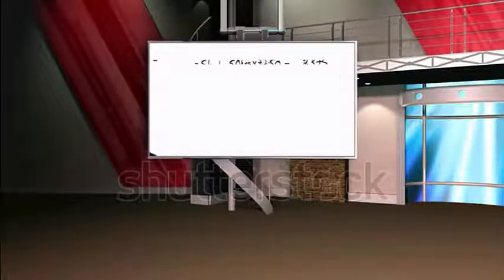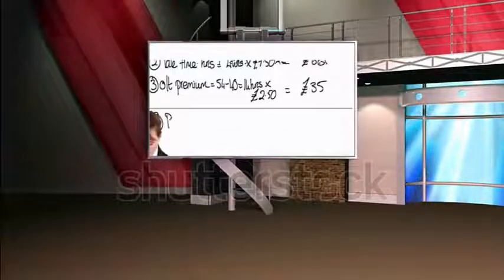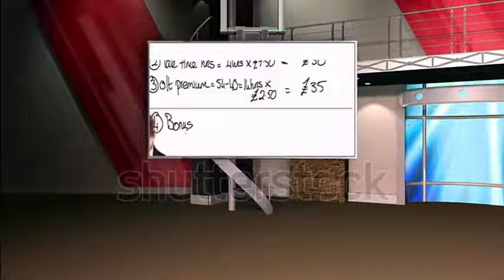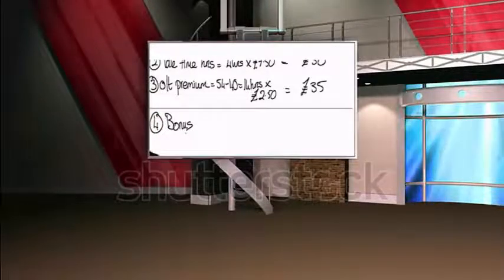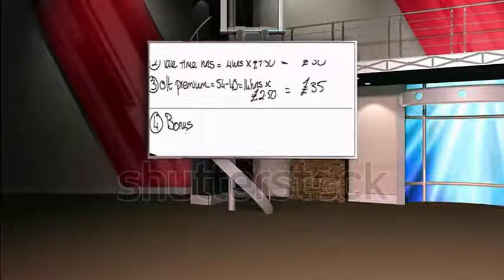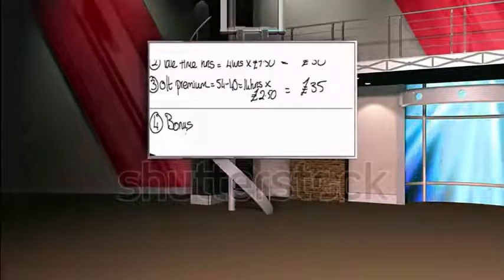And finally then, our last indirect cost will be the bonus. We've been told that Johnson is entitled to some kind of bonus, so we're going to have to do our calculation to work out what that was.